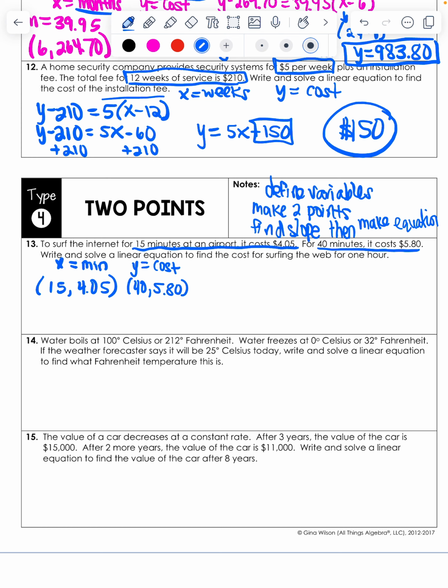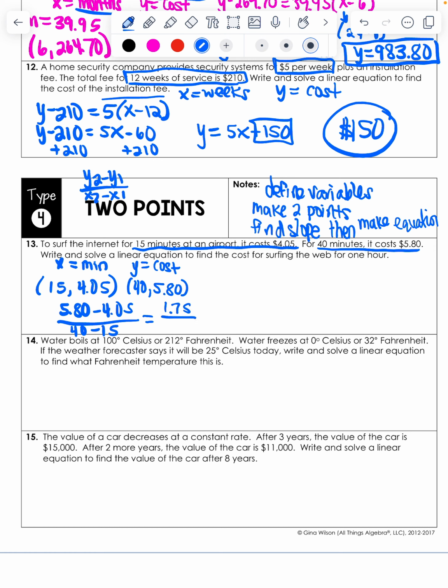Then we're going to use the slope formula, which it's been a while since we've done that, y2 minus y1 over x2 minus x1 to find the slope of this line. So 5.80 minus 4.05 over 40 minus 15. So the numerator, when I subtract those, I get 1.75.